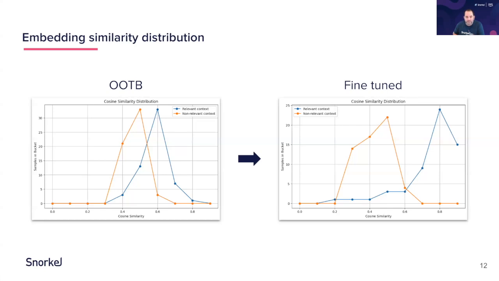The blue is what we do want. Well, what happens is typically you use that blue line to pull everything in, and it's going to pull a whole lot of orange with it, right? So you're getting a lot of noisy, irrelevant context that's being pulled in. On the right side, with the proper fine tuning, we create a much bigger separation.